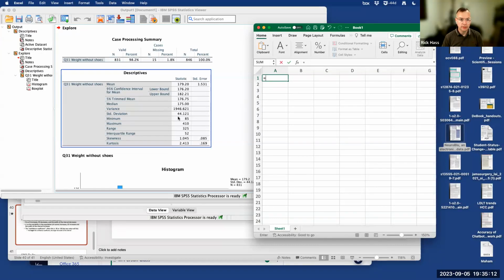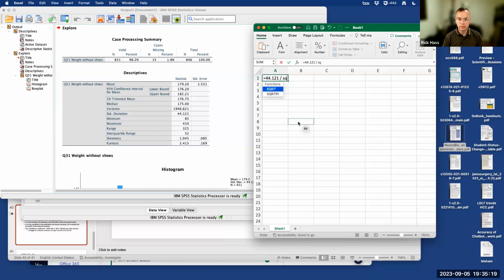So standard deviation, 44.121 divided by the square root of 831. Okay. And yeah, we're pretty much on the dot.